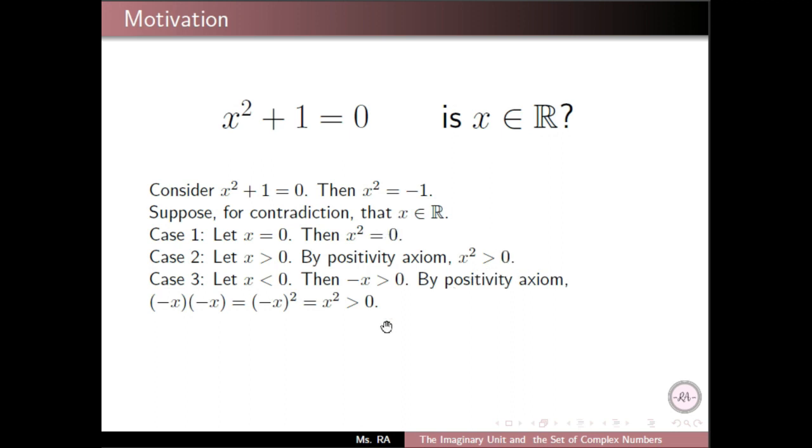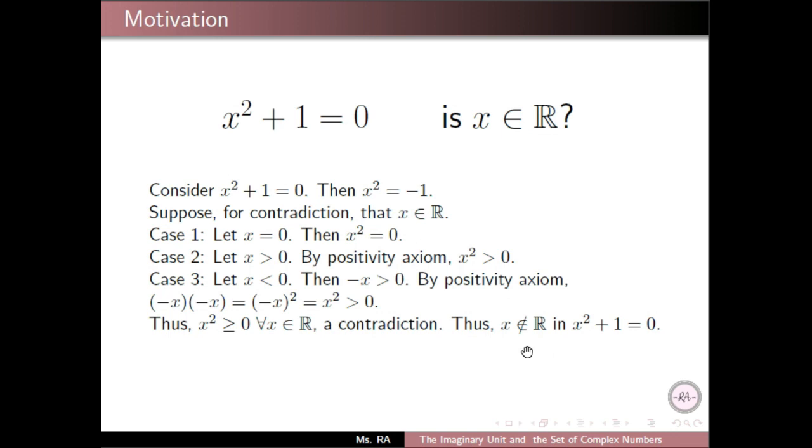That is, for all values of x in R, the square of x is always greater than or equal to 0, which is a contradiction because we supposed in the first part that the square of x is equal to minus 1. Since we come up with a contradiction, that only means that our initial assumption that x is an element of R is false. So in x squared plus 1 is equal to 0, x is not an element of R.